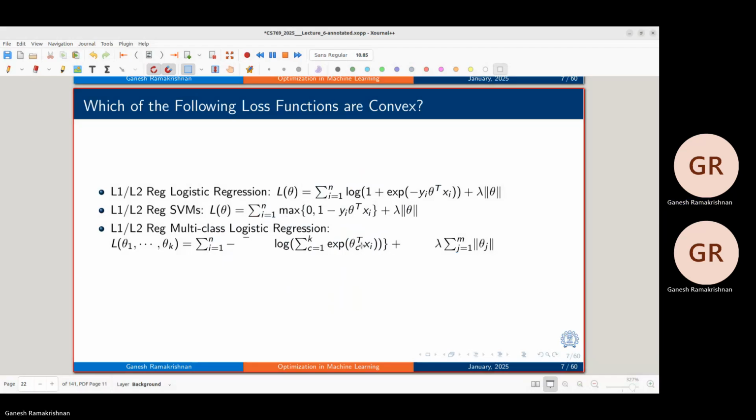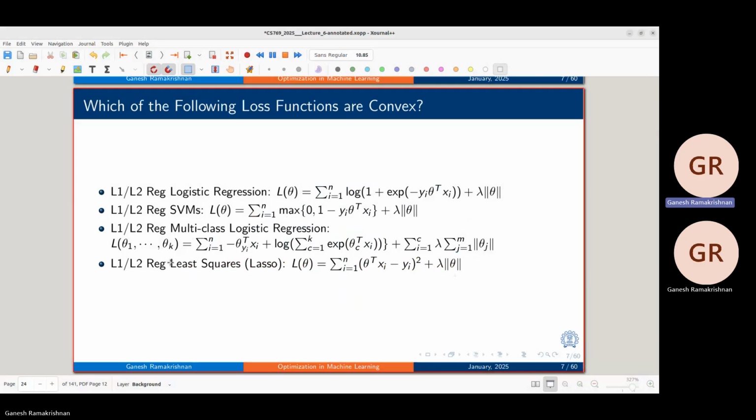Effectively, given that multi-class logistic regression is a generalization of logistic regression, it should also be convex. Basically, what we'll have is log-sum-exp with summations over a lot more indices. That's all. So you can ignore this part and this part. I'll correct this, but the idea is exactly the same. Okay, so I'll skip to the next one.